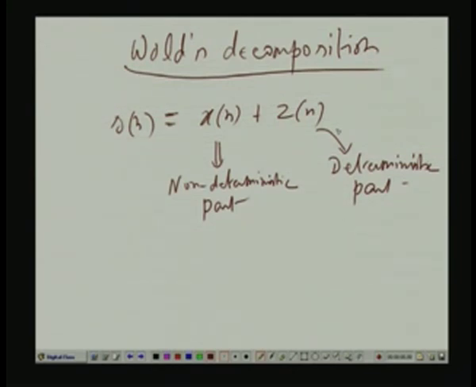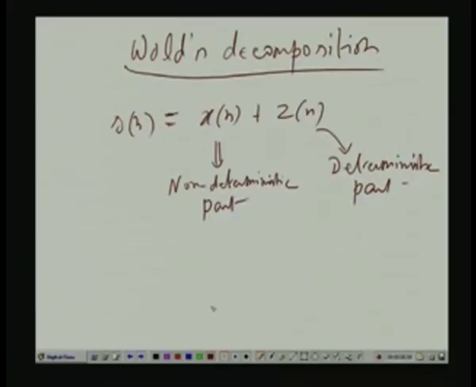Well, a random sequence is called deterministic if any current sample, say Zn, can be accurately given directly by a linear combination of all its past samples, all or part of its past samples. That is, if Zn can be written as a linear combination of Zn minus 1, Zn minus 2, Zn minus 3, up to Zn minus infinity.